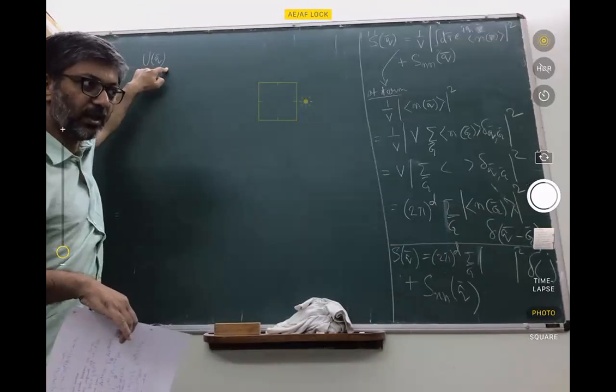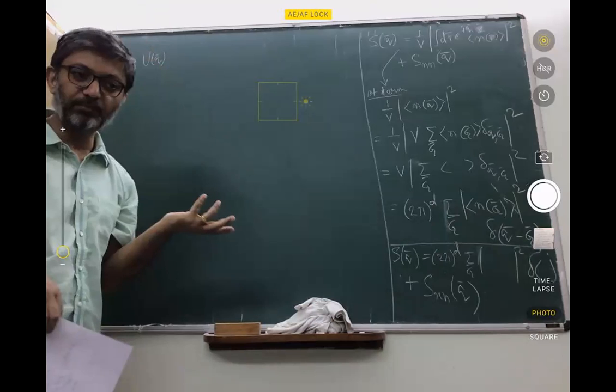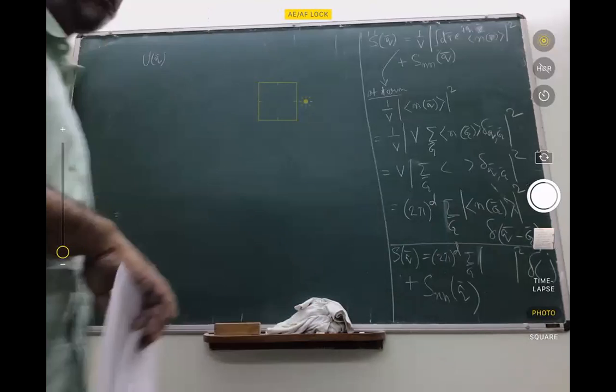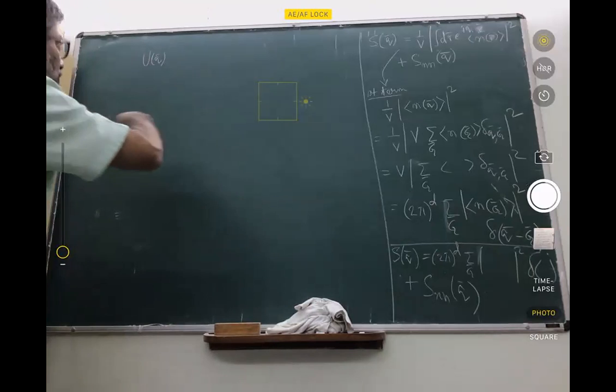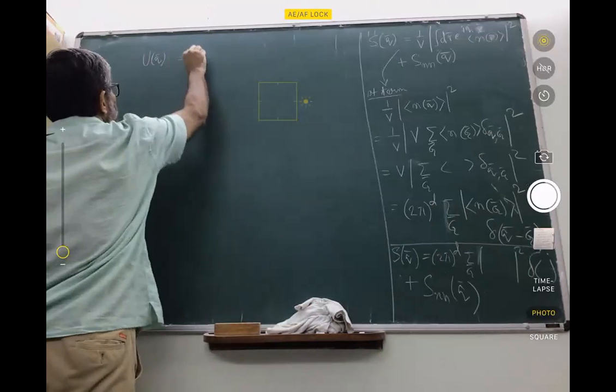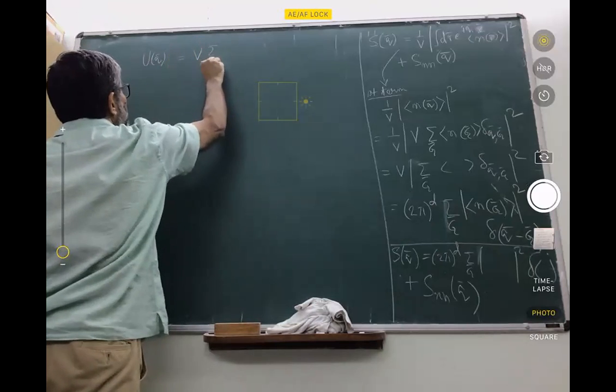Okay? And this has to have the same periodicity as the lattice. So when I take a Fourier transform of that potential, then I'll again get discrete contributions only at a reciprocal lattice.